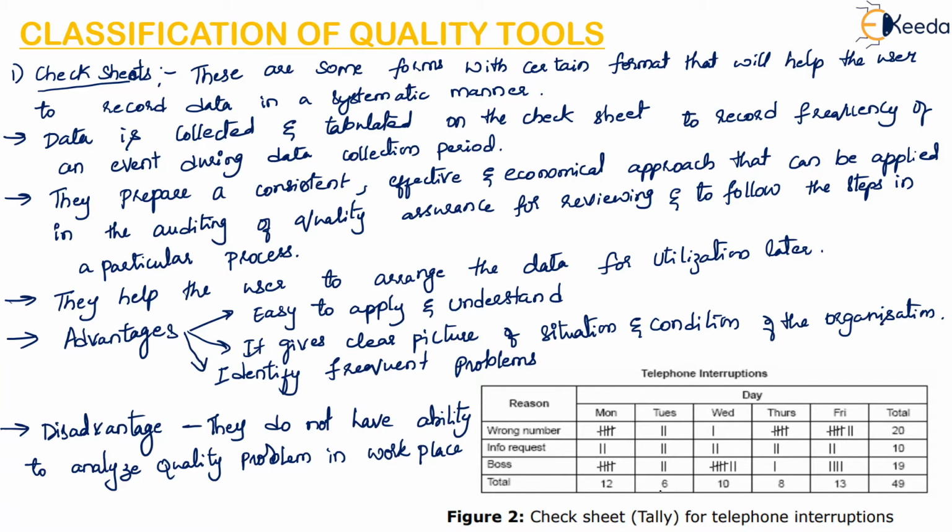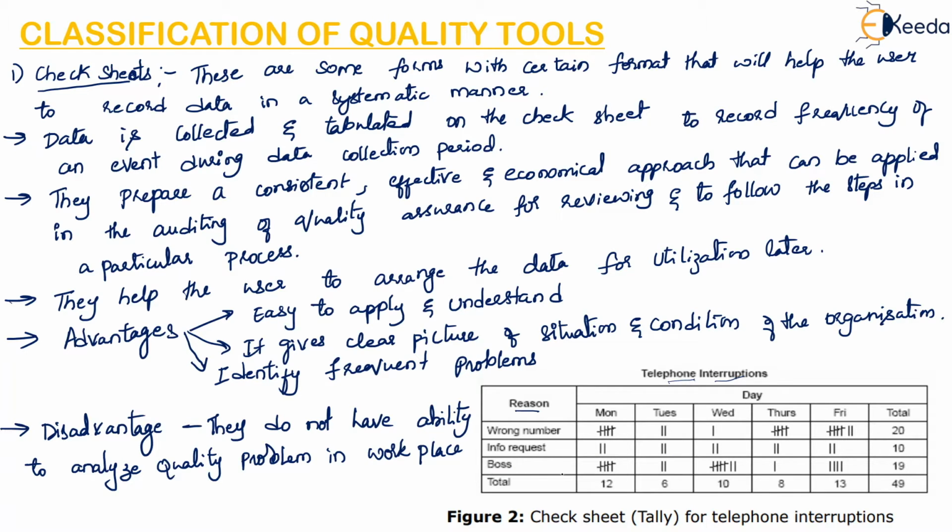So here we have taken an example of a check sheet, that is a tally for telephonic interruption. One column has the reasons, the other columns have the number of working days. This table is showing the telephonic interruptions. So from wrong number on Monday, how many interruptions were made, and info request, how many interruptions were made.